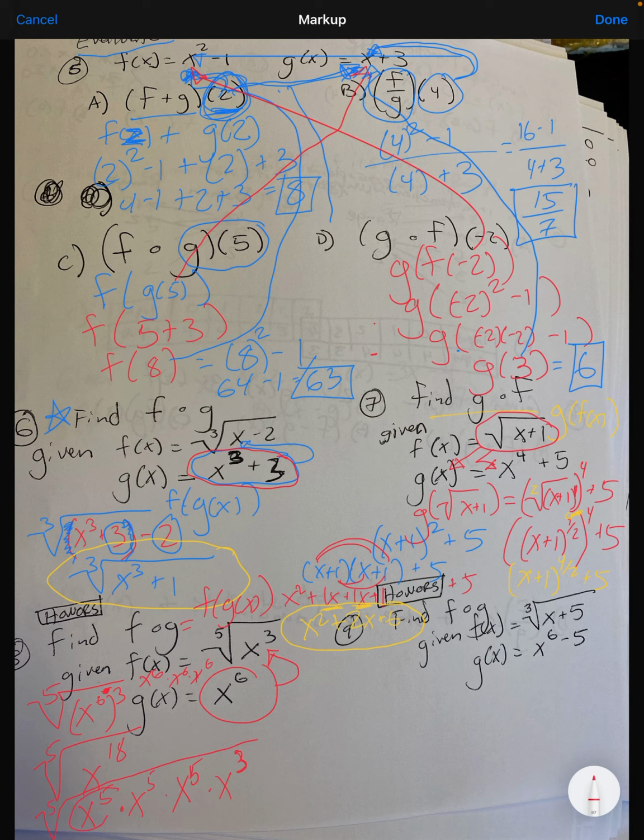If I have groups of 5, that means I can pull out one of those terms. So for the first x to the 5th circle, I can pull out an x. Second x to the 5th circle, I can pull out an x. Third one, pull out an x. And then there's 3 left over. So that would be x cubed times the 5th root of x to the 3rd.